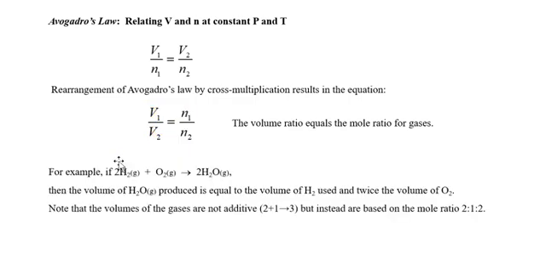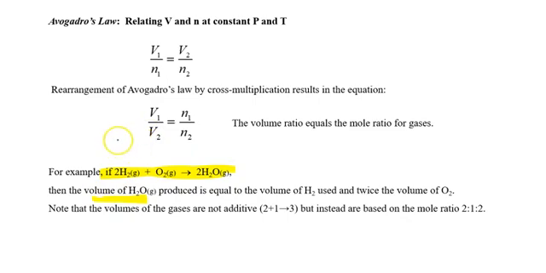So for example, say you have this equation here, you have ratios, 2H2 to 1O2 to 2 waters by moles. But what you can say is the volume of H2O produced is not going to be the sum of the H2 and the O2.